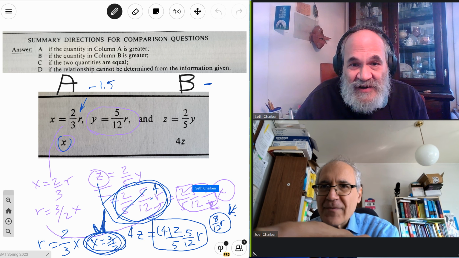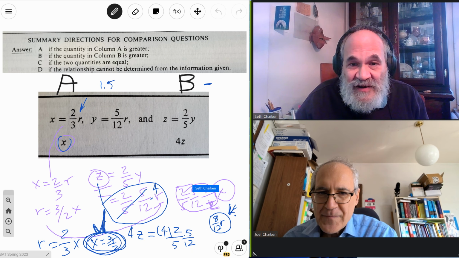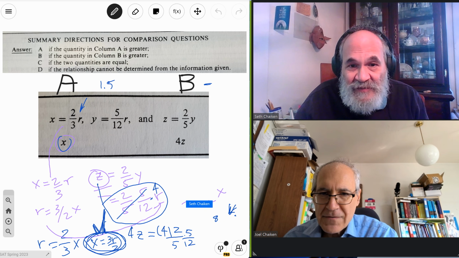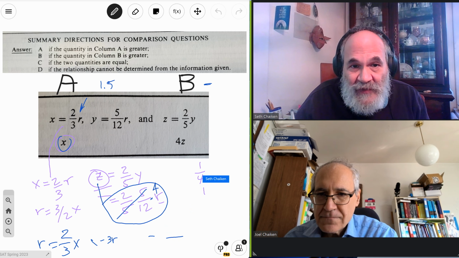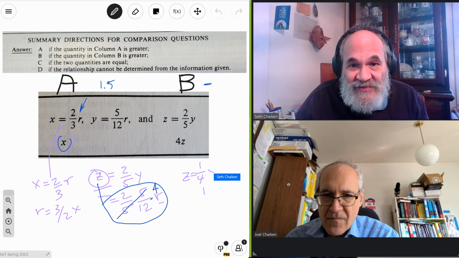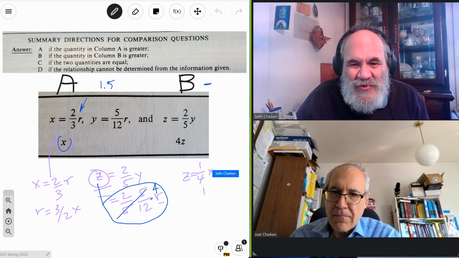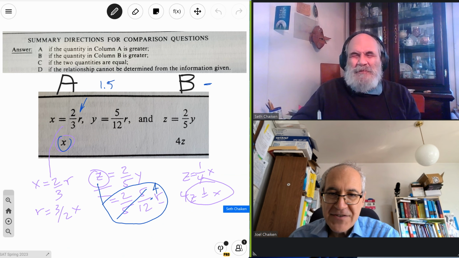I'm going to erase all my stuff. The 5s cancel and the 2s cancel, and we get 1/4. So I said Z equals 1/4 of X. In other words, 4Z equals X, which is they're equal. Oh wow! So I made a stupid mistake.